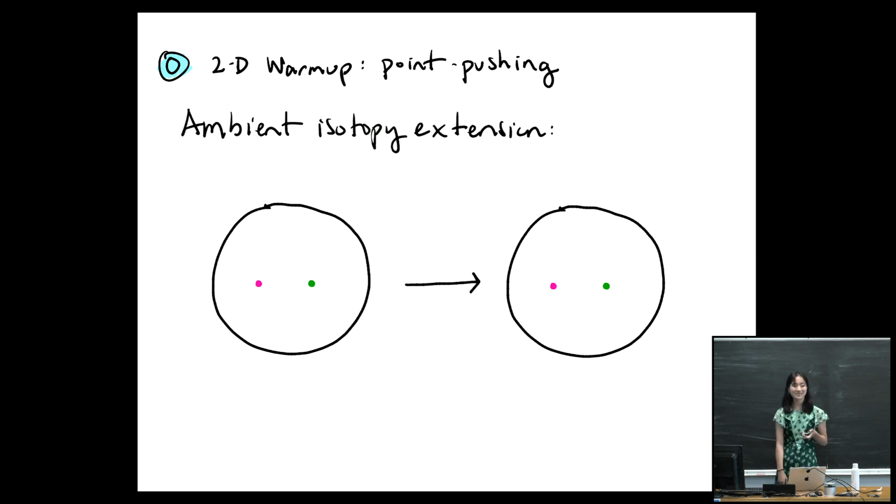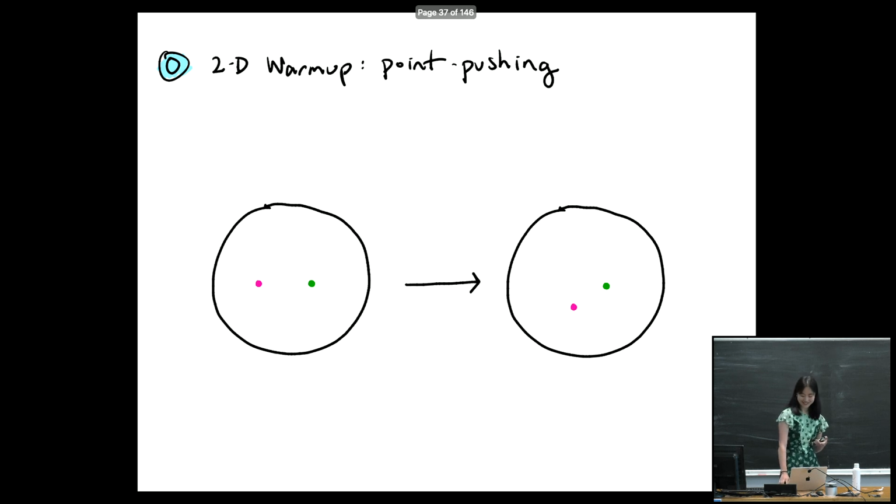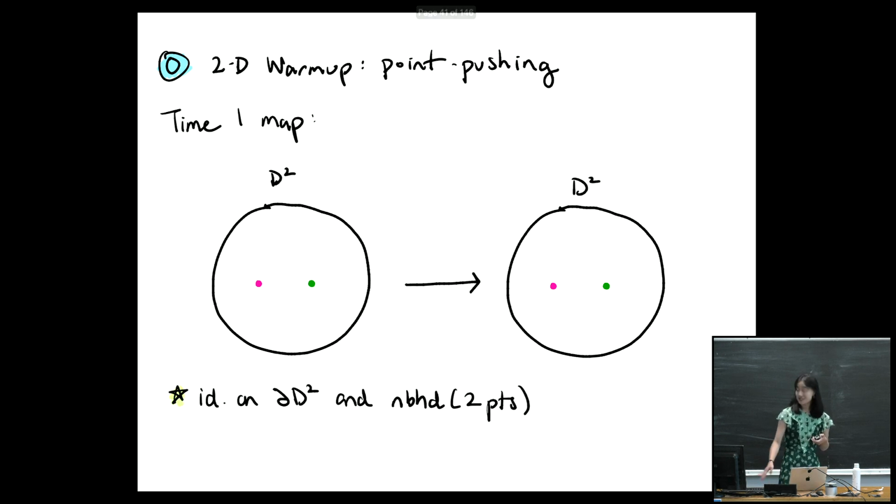By ambient isotopy extension, I can realize this by a family of diffeomorphisms. So now I have a one-parameter family of diffeomorphisms of D2, and maybe those look something like this. The time 1 map of that isotopy extension is now a diffeomorphism of D2 that fixes these 2 points, and it's the identity on the boundary also.